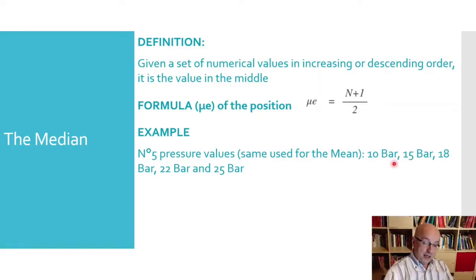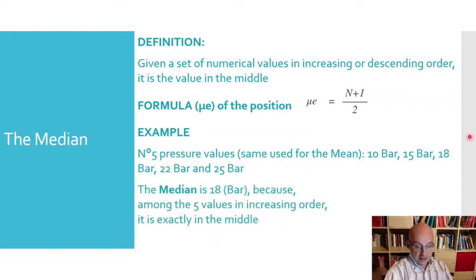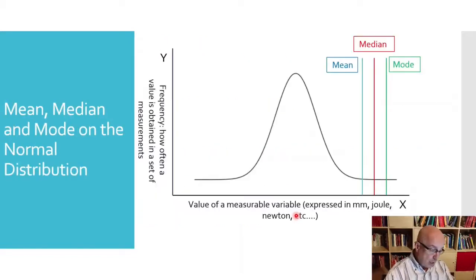The values here are already ordered in increasing order. And the value in the middle is exactly 18, because there are 2 values on the left side, because lower than 18, and 2 values on the right side, so higher than 18. So the median is 18.